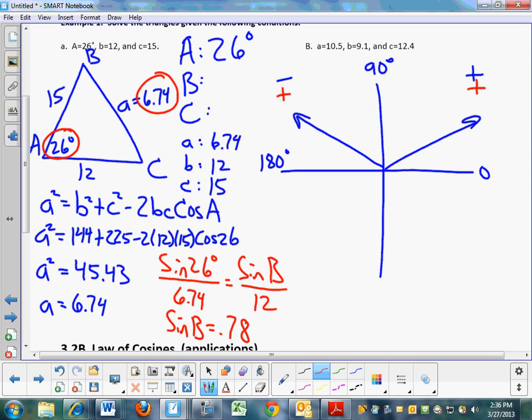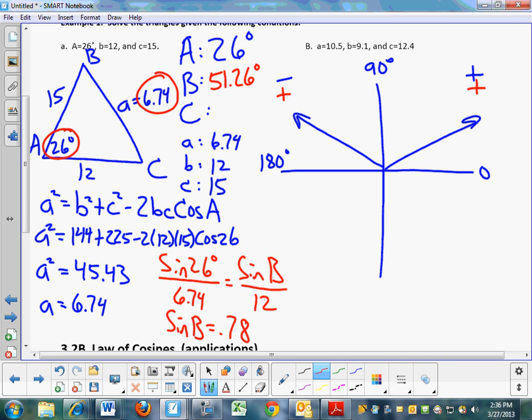So therefore, we can make sure that we choose the smaller of the two angles. So let's inverse sine B. What do you get? 51.26 degrees. We know that that's acute. It has to be, because you can only have one obtuse angle. And if there is an obtuse angle, it's going to be C.